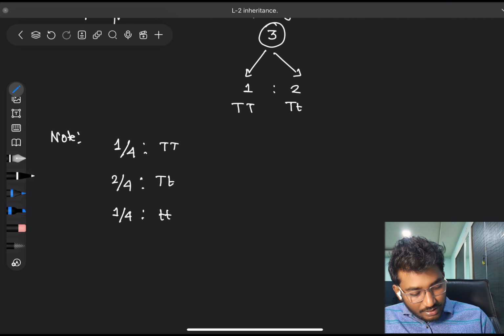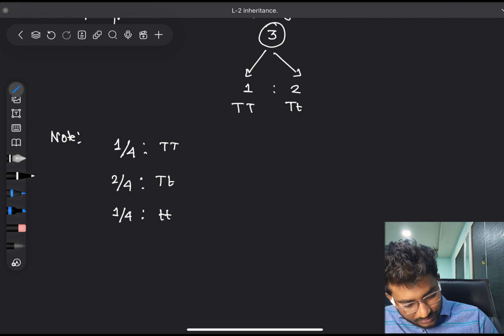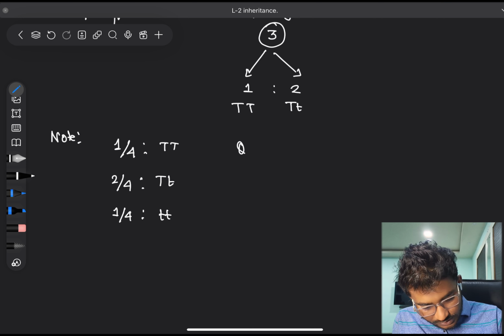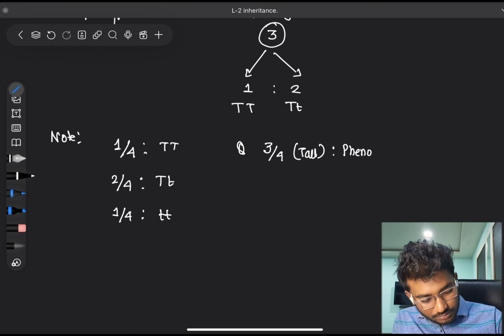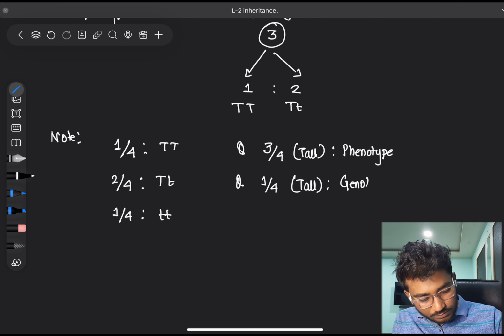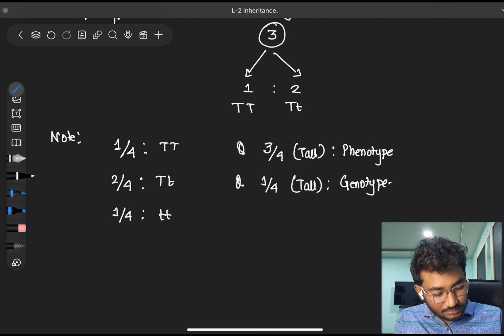I am drawing a Punnett square of this generation. So I can write the question again. 3/4 tall is phenotype. Again the question, 1/4 tall genotype.